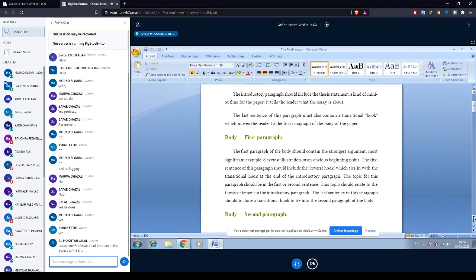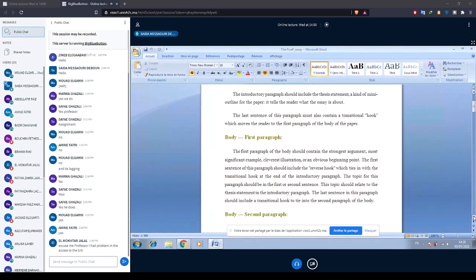So the topic sentence should be at the beginning of the paragraph, okay? And this you have seen in the first semester with your teachers. So this topic should relate to the thesis statement in the introductory paragraph. How is it going to relate? So the topic sentence is going to contain the idea from where you have used the key point or the key word in the introduction.